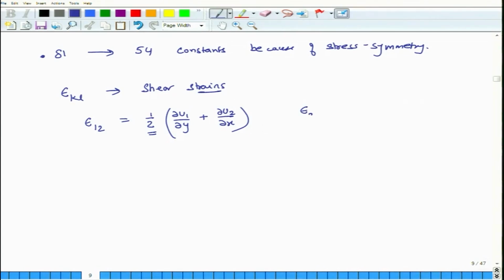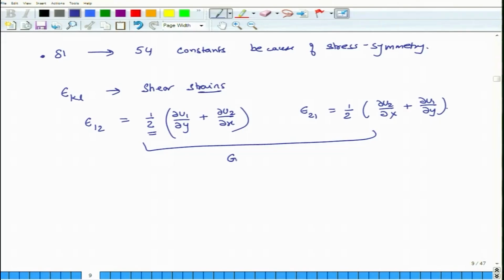And epsilon 21 is half of del u2 over del x plus del u1 over del y. So, this comes from geometry. These conclusions are from the laws of geometry, and like Newton's laws, geometry is always true, it cannot be violated.